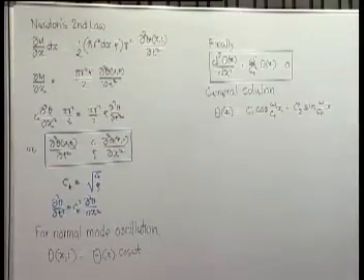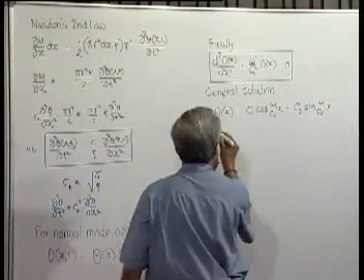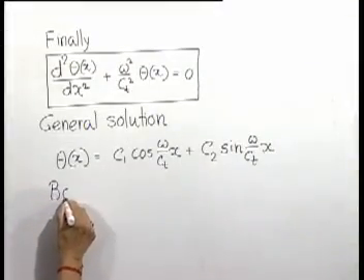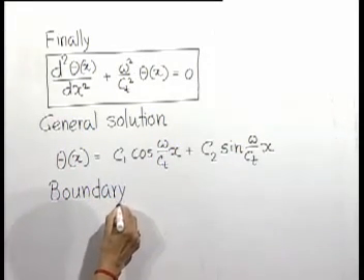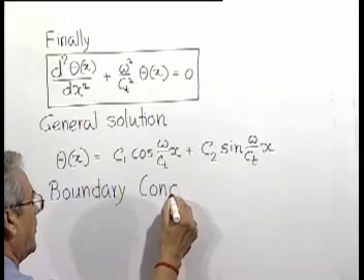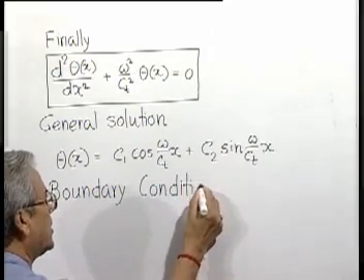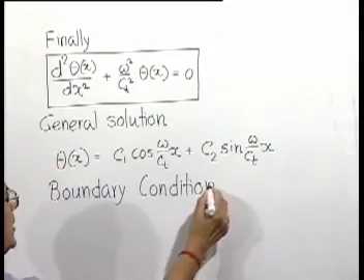So, for example, here also we will find boundary conditions can be of two types.